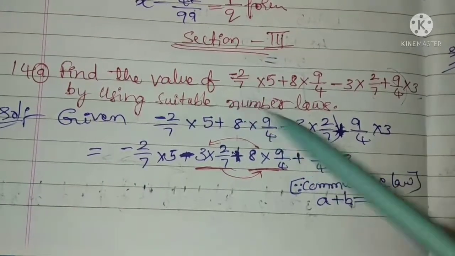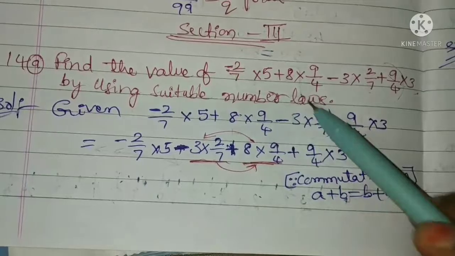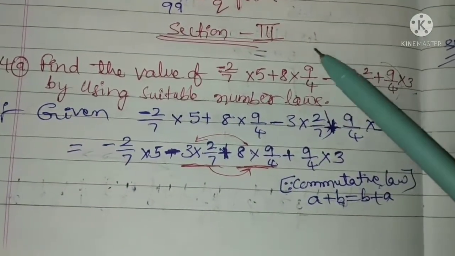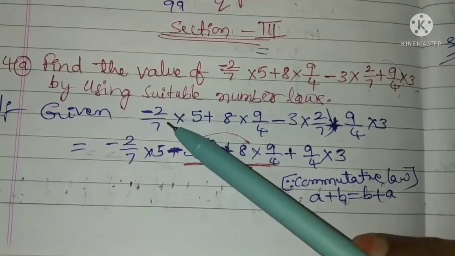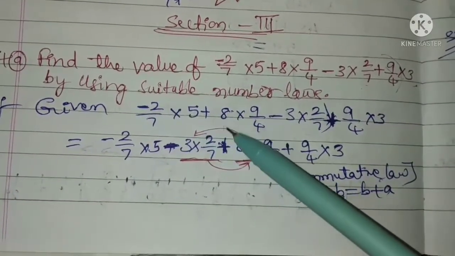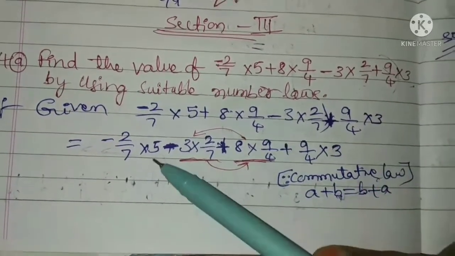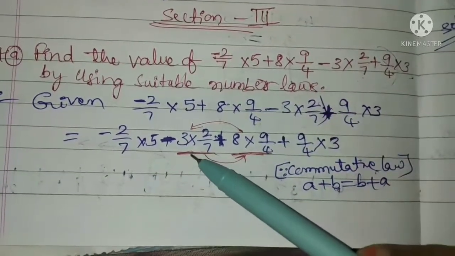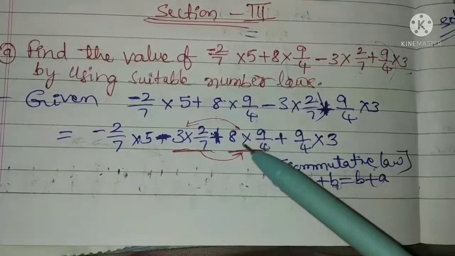So now by using the commutative law, if we send this part to the left side and this part to the right side, we get minus 2 by 7 into 5 plus 8 into 9 by 4 minus 3 into 2 by 7. I'm sending this minus 3 into 2 by 7 to the left side and 8 into 9 by 4 to the right side. I'm just changing its order.